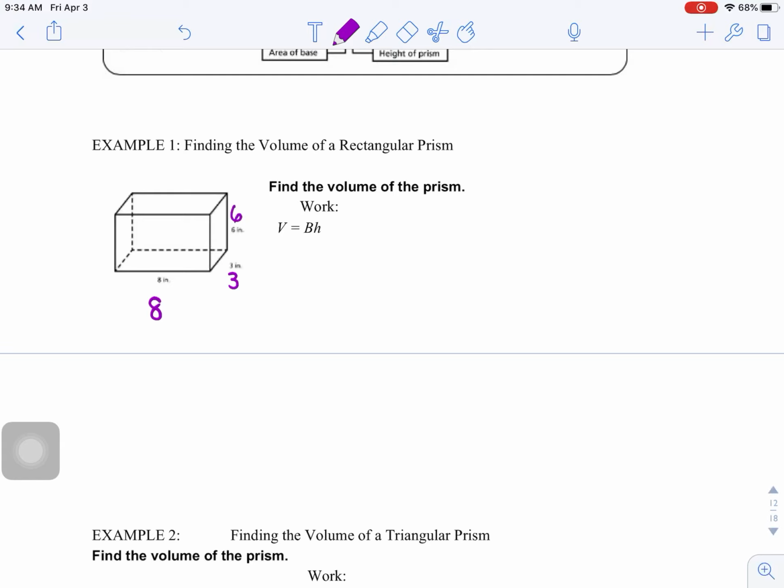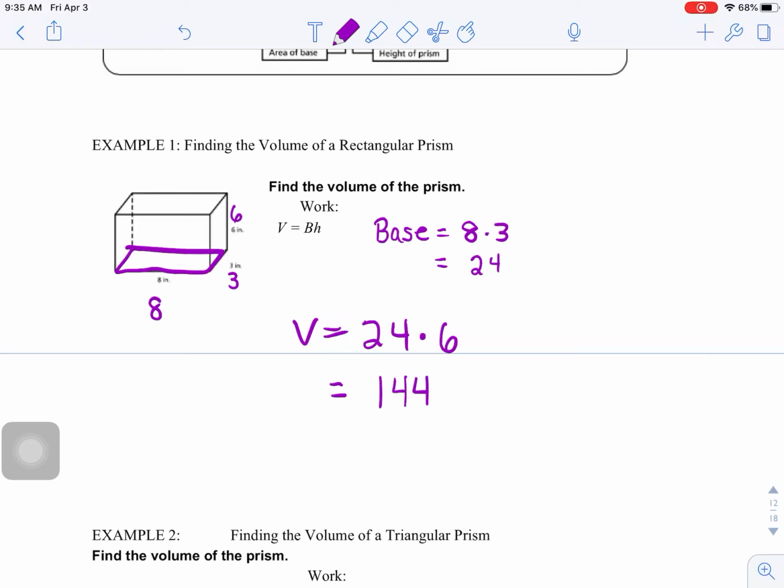Same idea: the base we can see here is 8 by 3, so the base is 24. If I plug that in, the volume is the base times the height, so 24 times 6, which would give us a total of 144. And again, volume is units cubed.